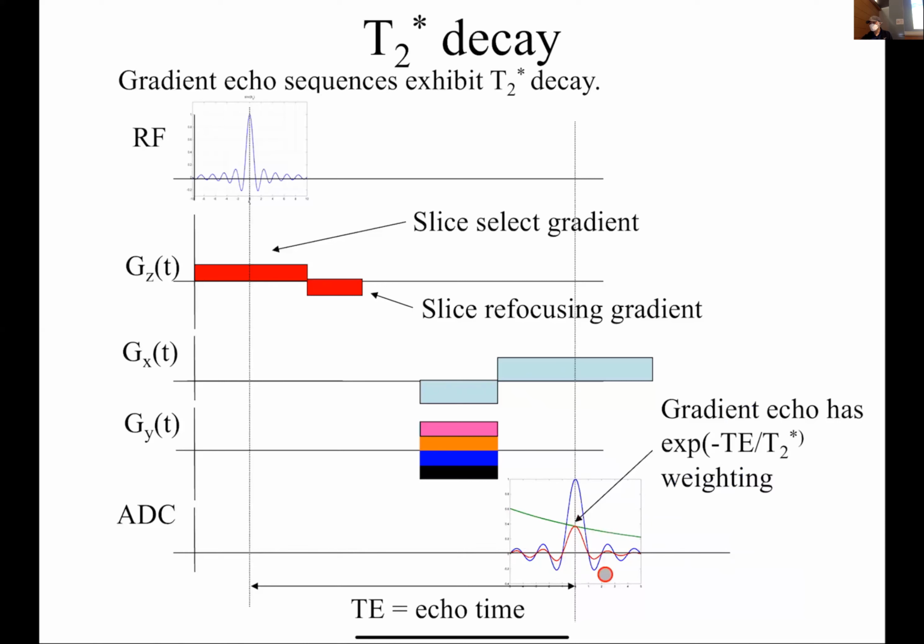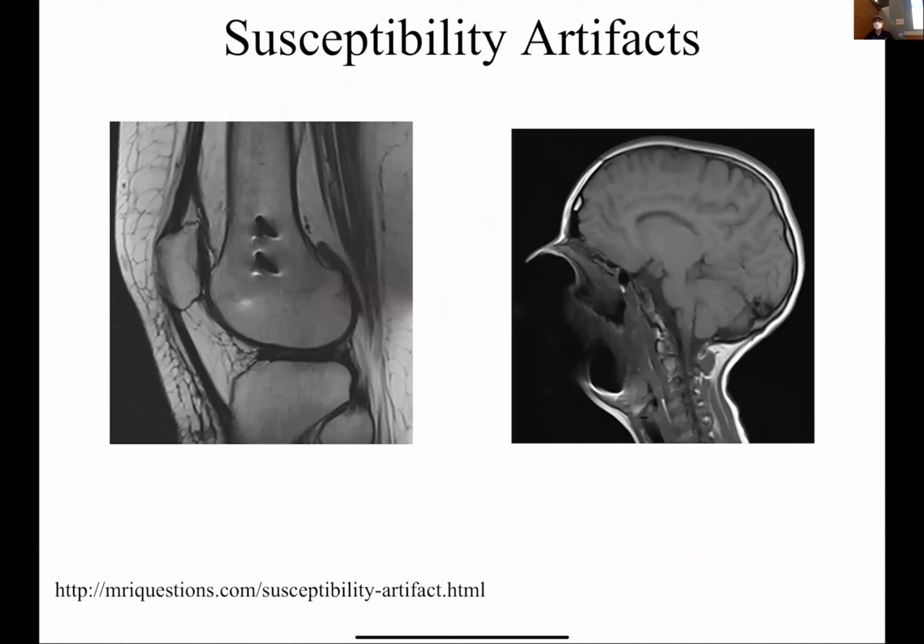But because of this T2 star decay, this exponential decay, you actually measure a much smaller signal. And if you go out farther and farther, it's going to decay even more. And if you go out too far, you're going to have no signal to deal with. Your image will just look black. And that's exactly what you see with gradient echo imaging.